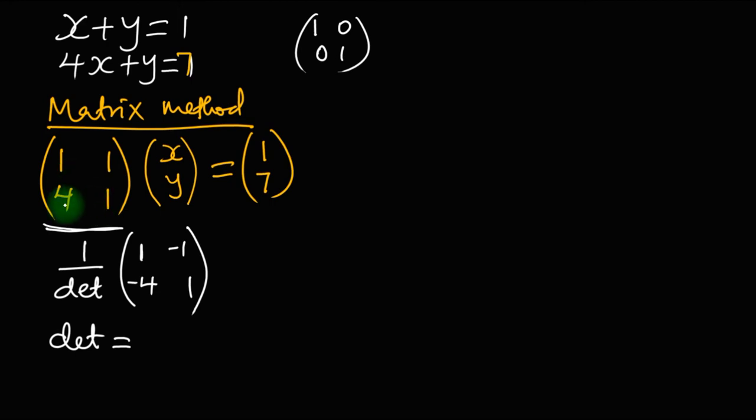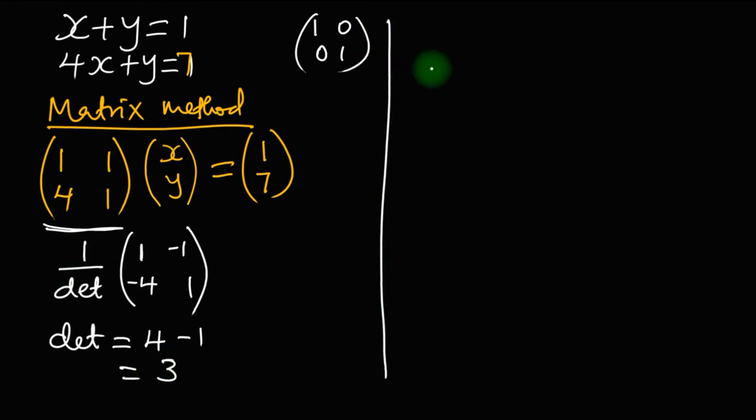So here we have the product, which will be 4 times 1, minus the product of the other, which will be 1 times 4, that will be 3.